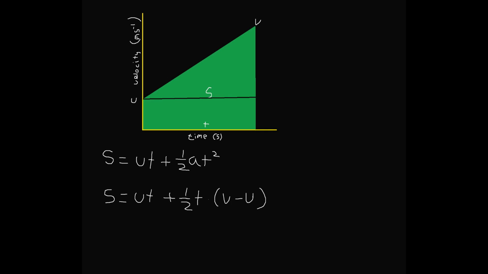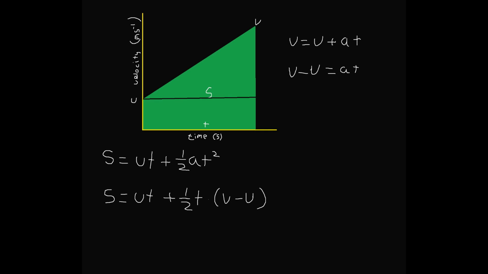Now, to reach our desired form, we're going to have to use another equation to substitute in. So we're going to use the one which we derived earlier, v equals u plus at. But what we're going to do here is essentially try and get it to v minus u. So if we subtract u from both sides, we get v minus u is equal to at.